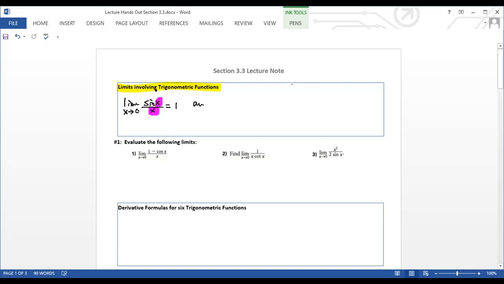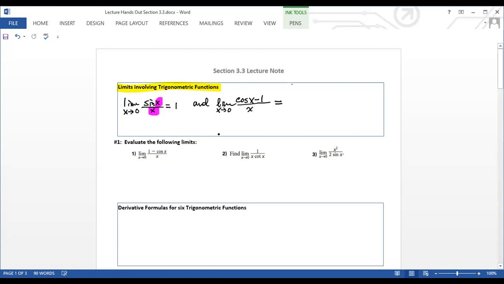The other important limit we need to know is the limit as x approaches 0 of cosine x minus 1 over x. Those two limits are the ones we're going to use to derive the formulas.